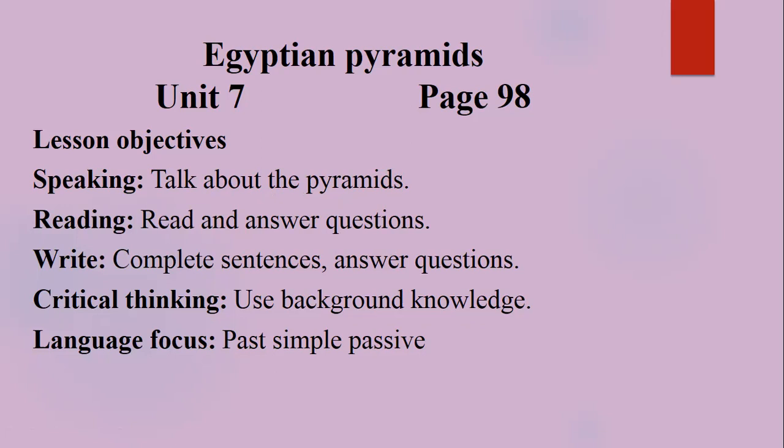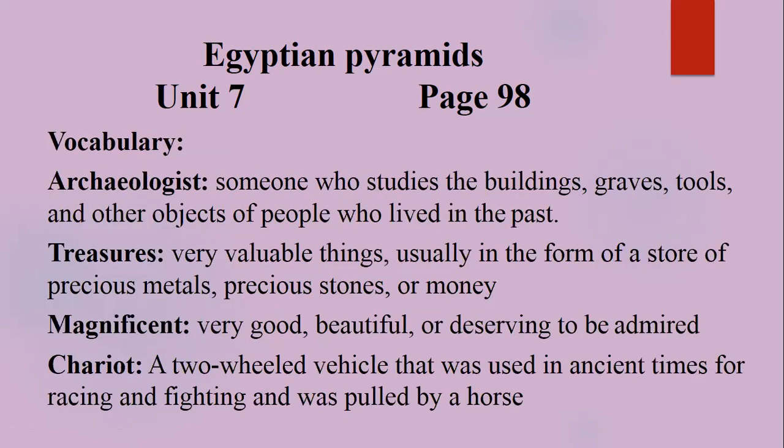So I'm going to start the vocabulary slide now. These are the vocabulary words that students need to understand before they start the lesson. Archaeologist: someone who studies the buildings and the land and historical structures.